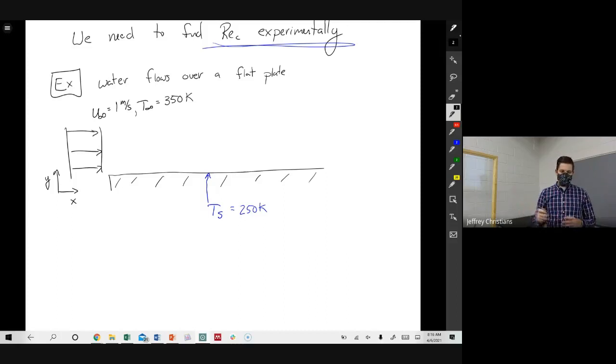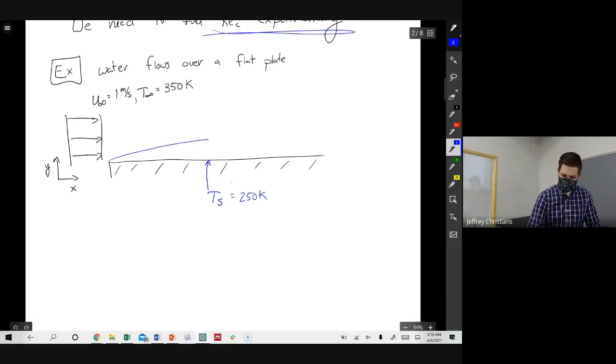We're going to have some region here at the front end of the plate. Our boundary layer is going to be growing like this. And then we're maybe going to hit some point where all of a sudden we flip from laminar to turbulent. Here we have all of our mixing.